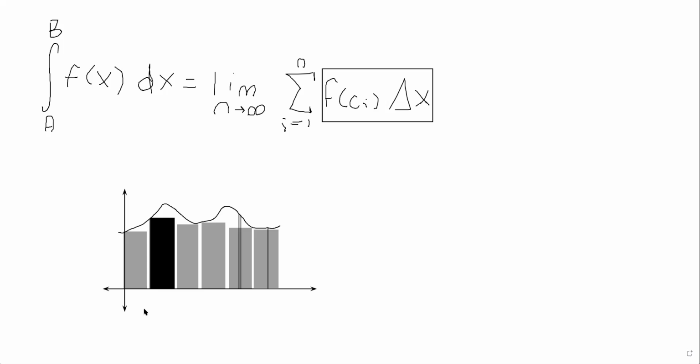Maybe you could, since it's on a graph, use the graph to help you determine where it starts and where it ends, and gather its dimensions that way, and then use those dimensions for the area. Right, exactly. So just in general, area is going to be base times height. So in this case, we have a base of delta x. And we have a height. What is our height of the rectangle?